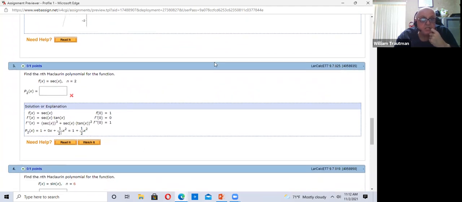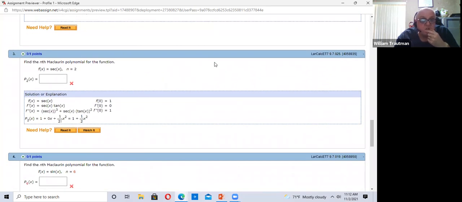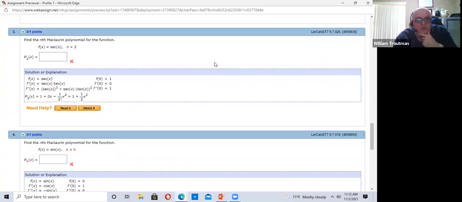Okay, so now I'm not going to do number, well, I guess I could do number 3. Well, we'll just talk about these. It says find the nth Maclaurin polynomial for the function. Once again, as soon as we say Maclaurin and not Taylor, you need to write down c equals 0.